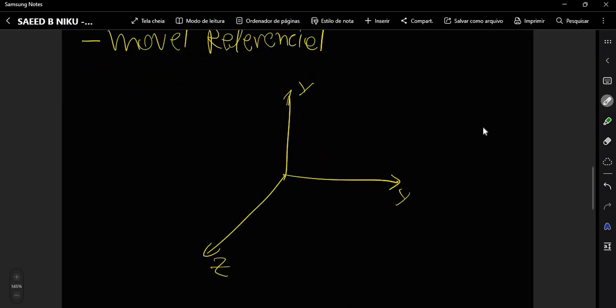Let me draw a vector t. Now we can represent this vector t based on this reference system.